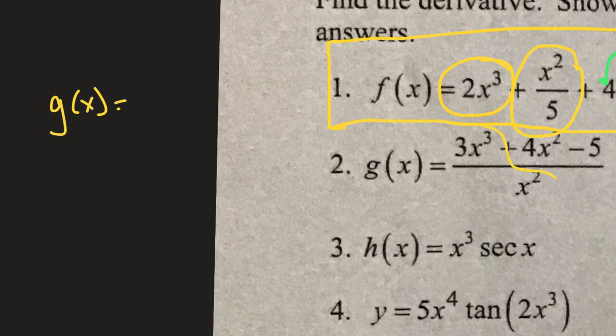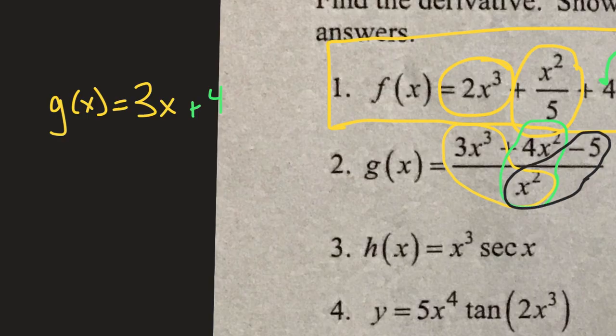I'm going to take this fraction, 3x cubed over x squared, which reduces to just 3x, right? There's x cubed on top and x squared on bottom, those simplify to just have an x on top. And then we have 4x squared divided by x squared, which is just the number 4. And then we have our third fraction. Negative 5 over x squared becomes negative 5x to the negative 2 power.